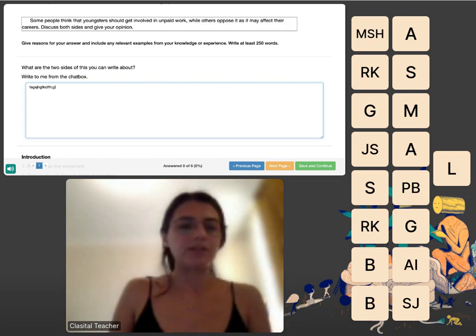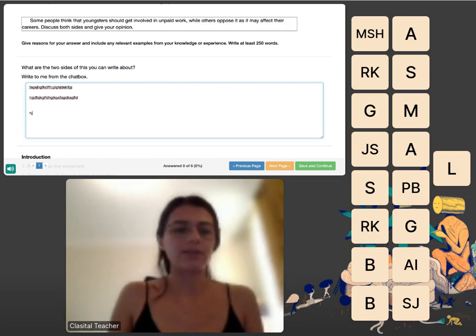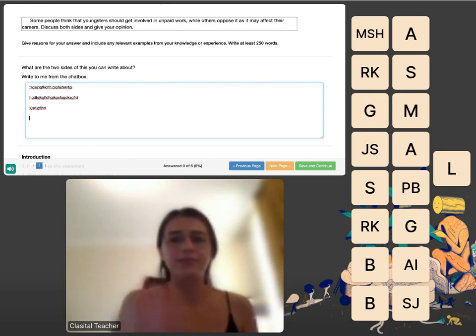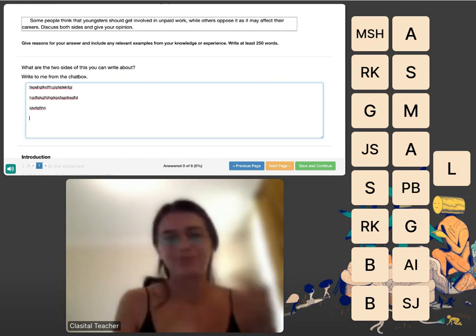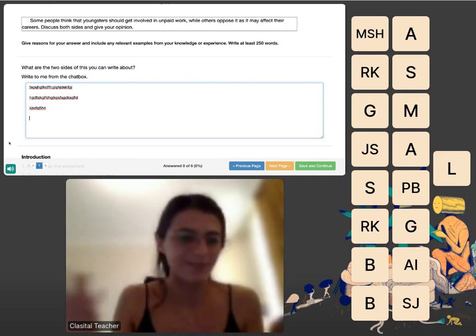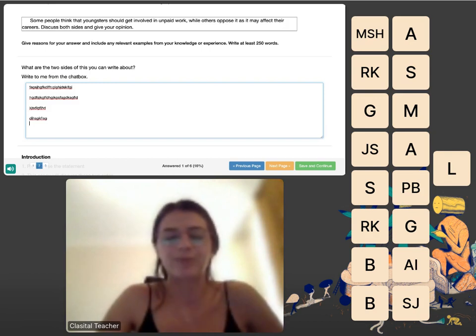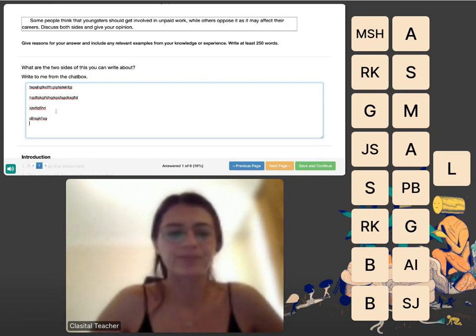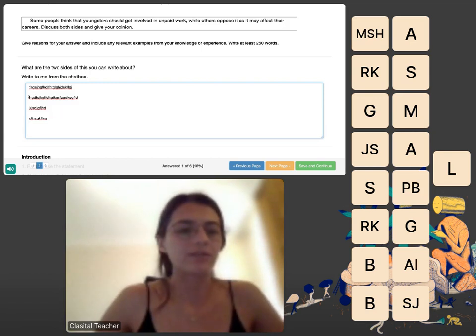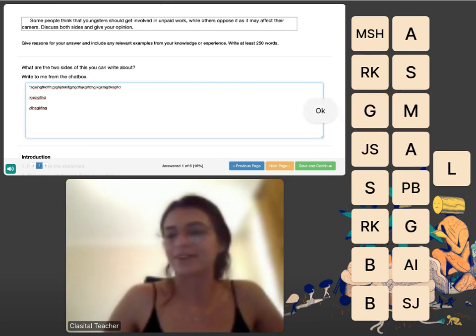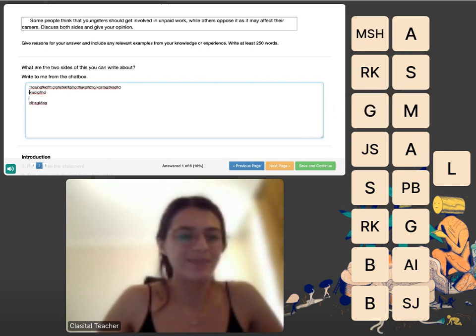But basically, what you can do is skip one line between paragraphs, and you don't have to give tab space if you do it like this. But you can also do it like this, so it doesn't really matter. All right.